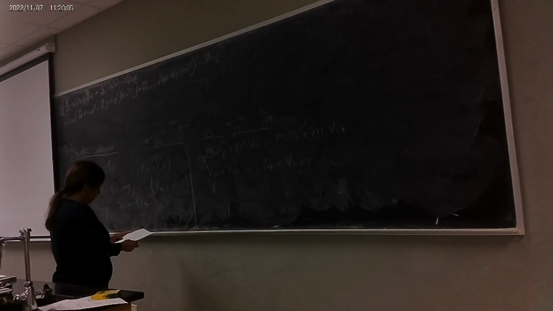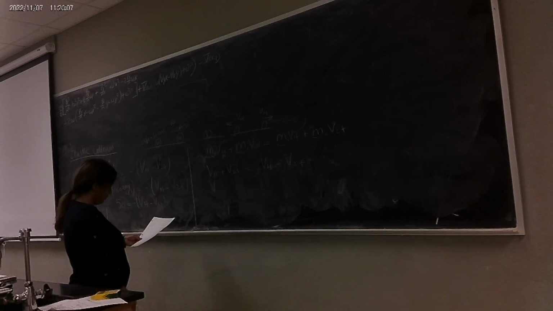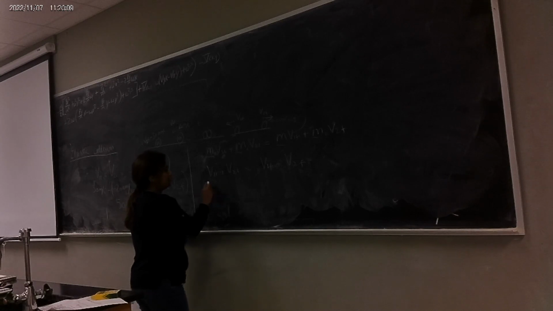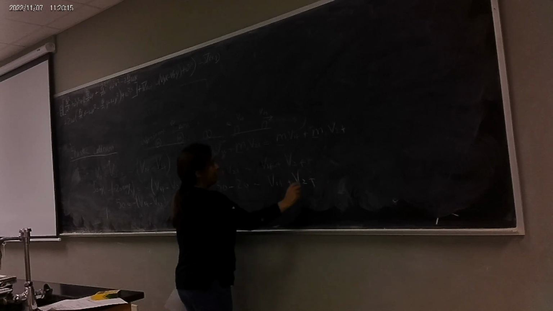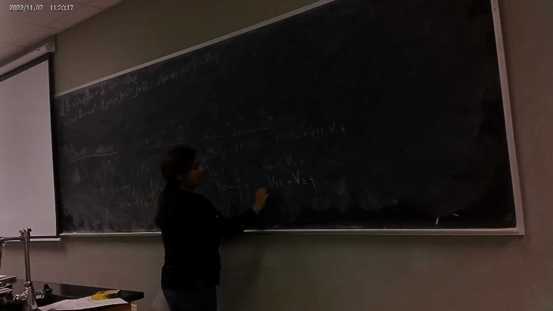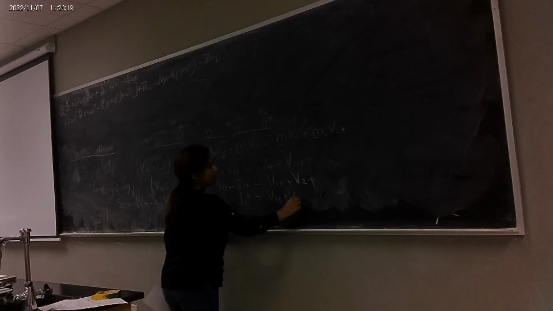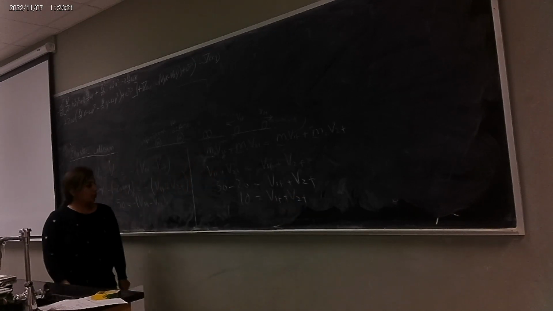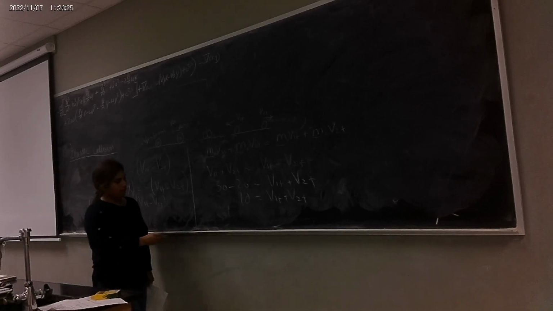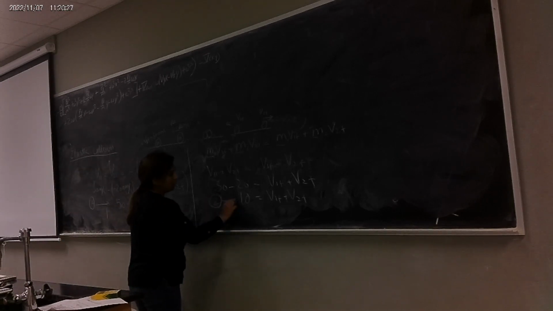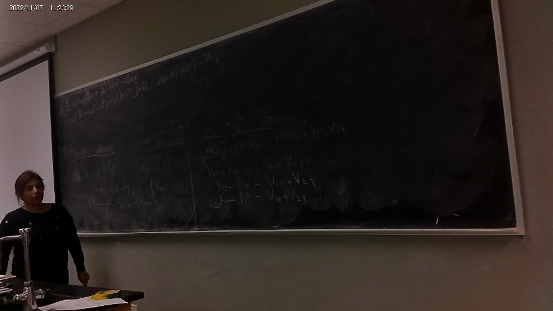Now we need to solve these equations. So these two are given to us, right? 30 minus 20 equals v1F plus v2F. That gives you 10 equals v1F plus v2F. Now you have two equations.